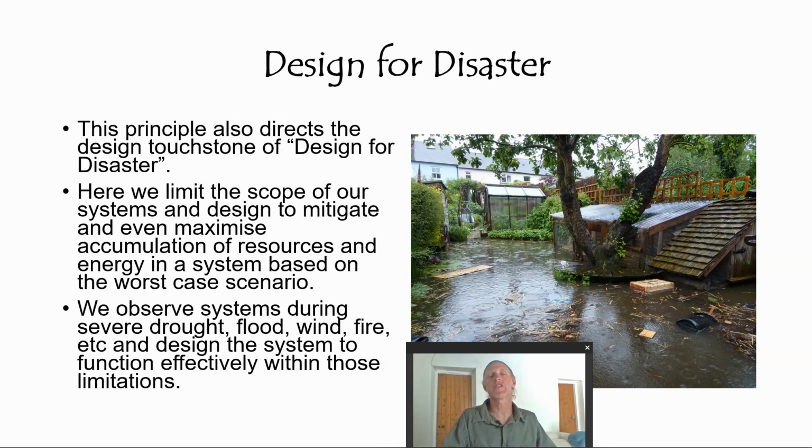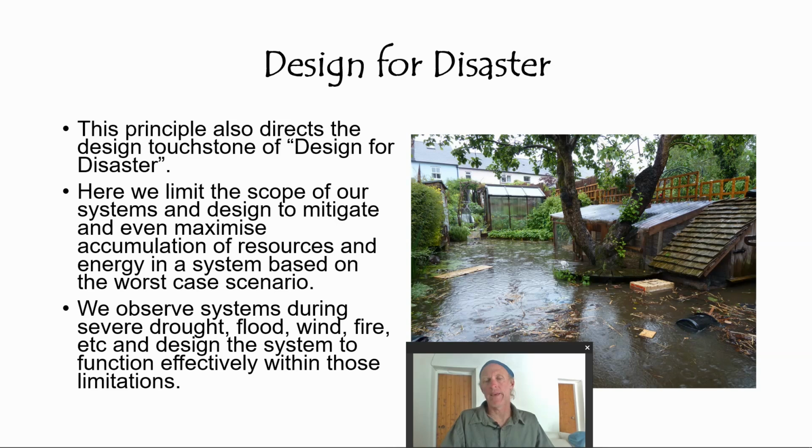And this principle also directs the design touchstone called design for disaster. So it's like a design process principle. And here we limit the scope of our systems and design to mitigate disaster events.